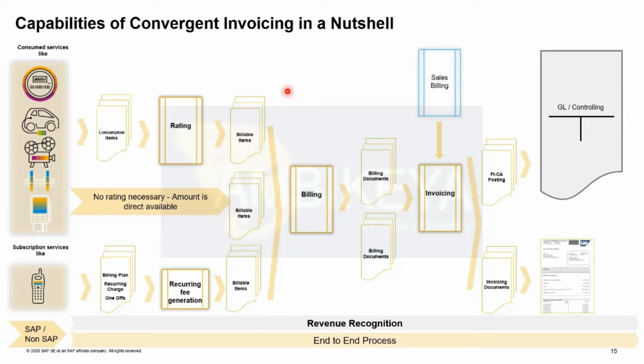Therefore, we have two steps in our convergent invoicing engine. The first is the billing, and then later on, we go further down to the next process, the invoicing process, where we can also aggregate the billing documents as the result of the billing process and issue the invoice.